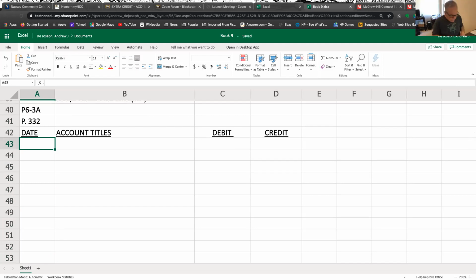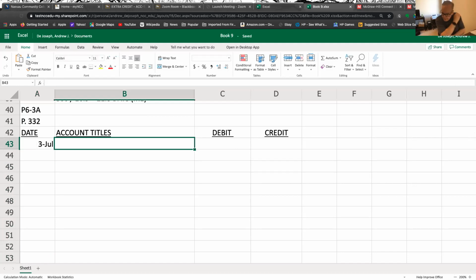Okay, so the first transaction we had was on July 3rd. Purchase CDs on account from Wholesale Music for $2,300, terms 1/10, n/30. Now, we're a company that buys and sells CDs, right?